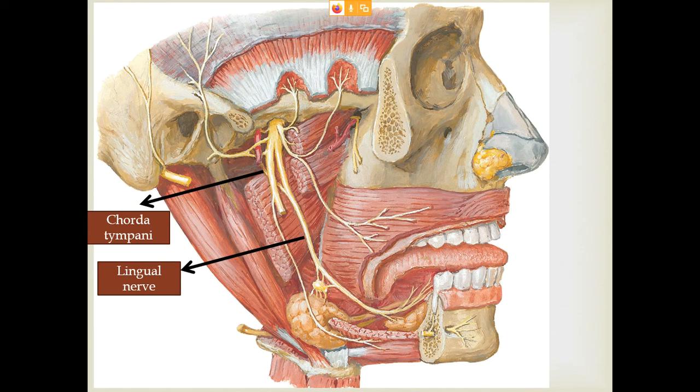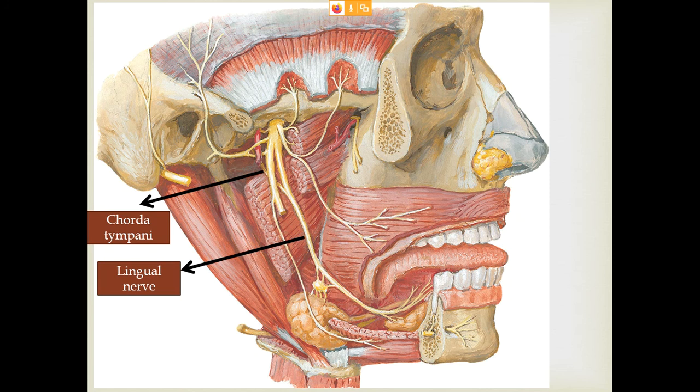And then coming to the chorda tympani. Before discussing the chorda tympani, I already explained this nerve to mylohyoid. Before the inferior alveolar nerve enters into the mandibular foramen, it gives a branch to the mylohyoid muscle. That is the nerve to mylohyoid muscle.